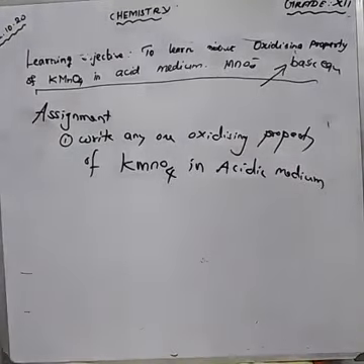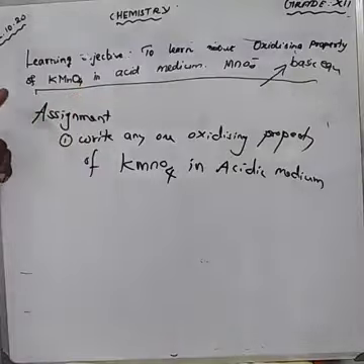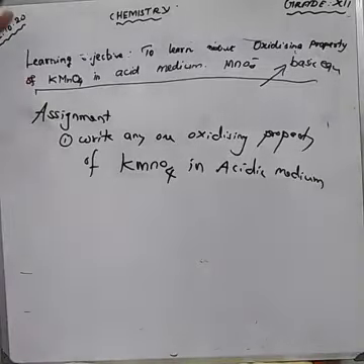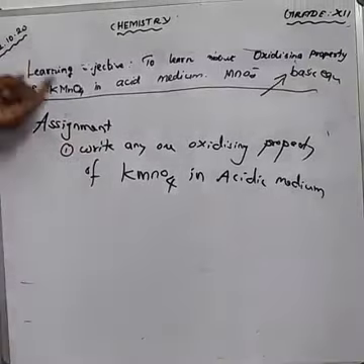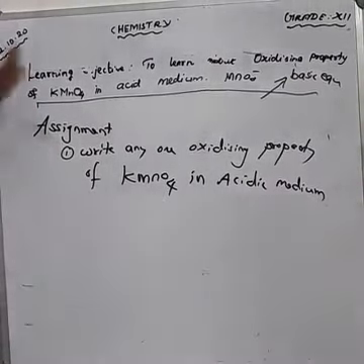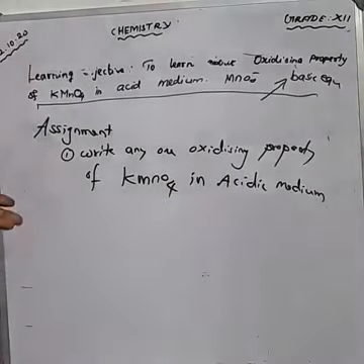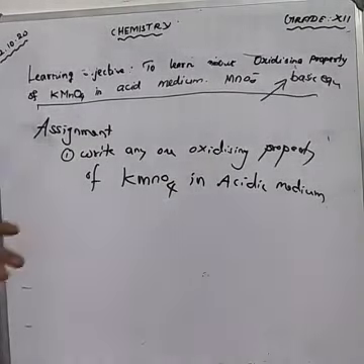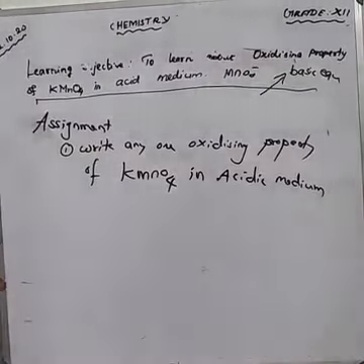The remaining we can discuss in the next class. Any one reaction with the basic equation. You may select ferrous salt to ferric salt, or iodide ion to iodine, or oxalic acid to carbon dioxide, or sulfide to sulfur. Any one reaction with a balanced equation, and also write the overall reaction.